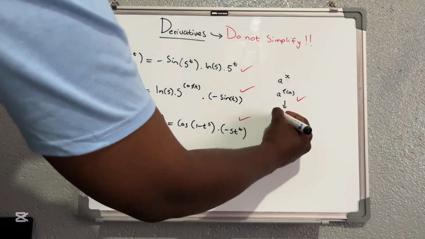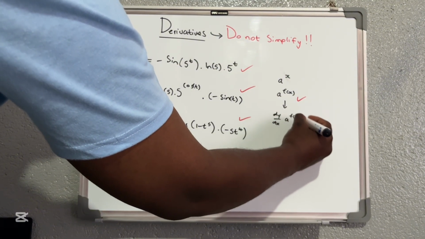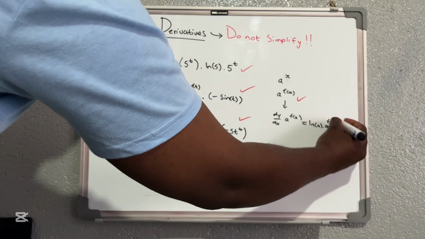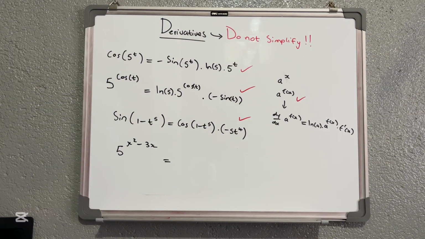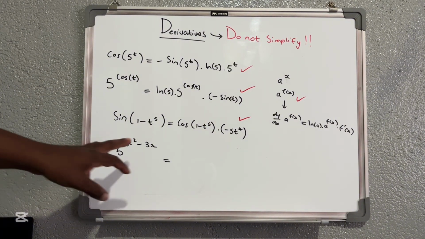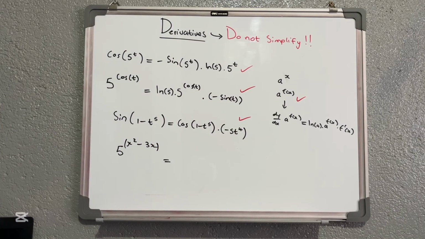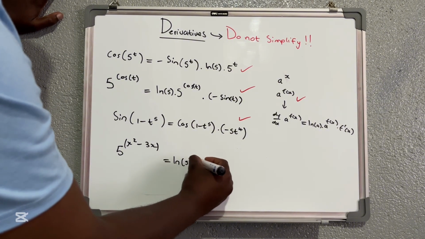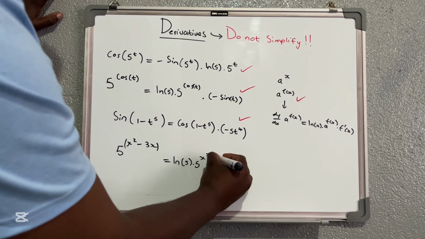So for this second one, what do they say? If you have dy over dx of a to the exponent f of x, this is the same as ln of a multiplied by a to the exponent f of x multiplied by the derivative of what's inside. You see? The quick thing to note, as usual, is to check if you're having a function anywhere. So applying that one, we have ln of 5 multiplied by 5 to the exponent x squared minus 3x.